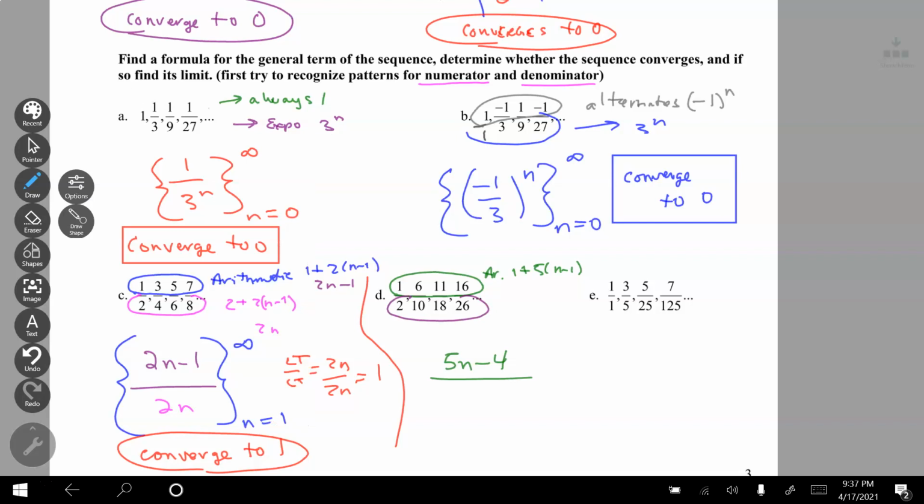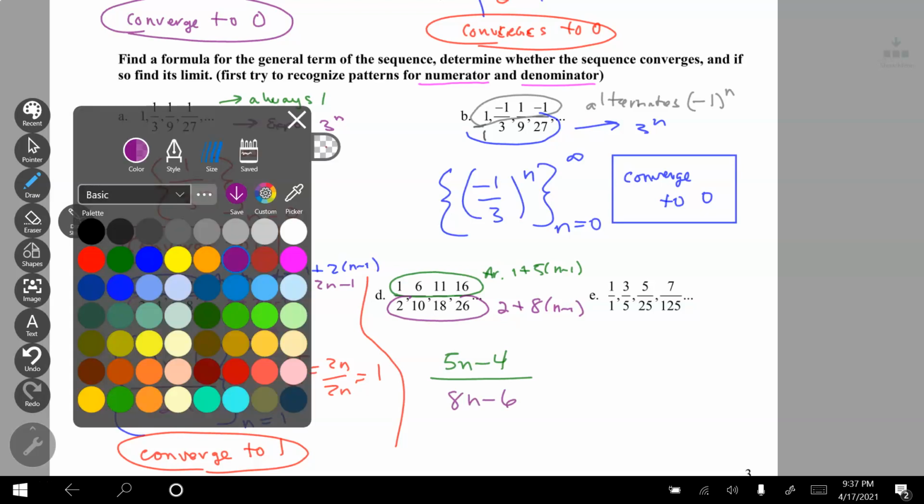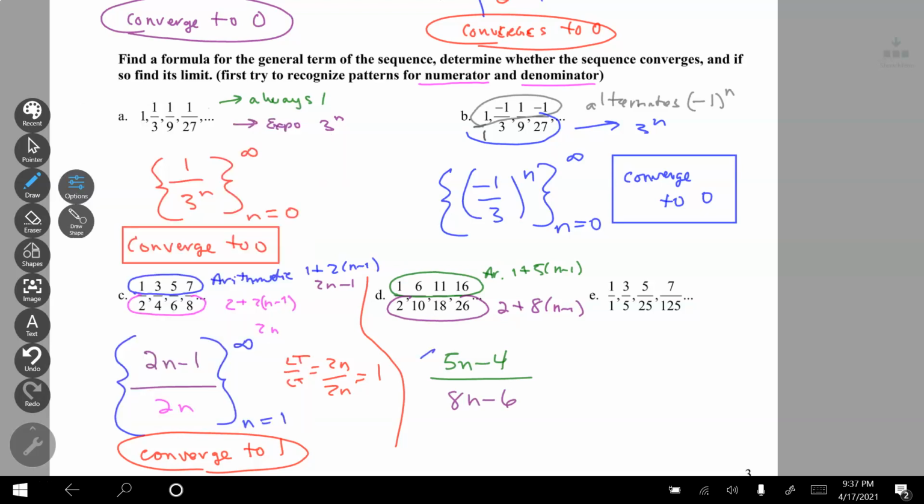Over my denominator, again, looks arithmetic because I'm adding 8 all the time. So now this is going to be 2 plus 8(n minus 1). I clean that up, I get 8n minus 6 as my denominator. I'm going to put curly brackets around it. And I get n equals 1 to infinity. And I think if I plug in 0, I get -4 over -6.